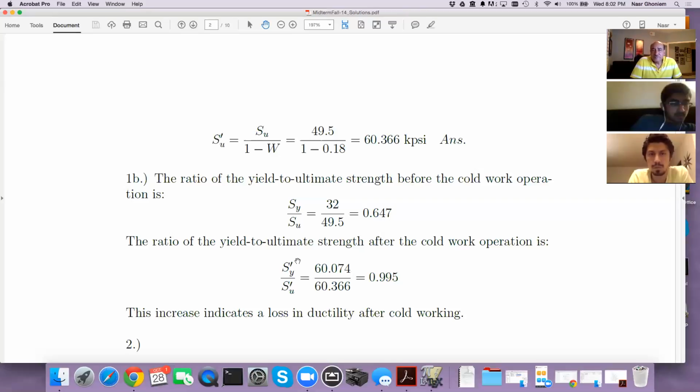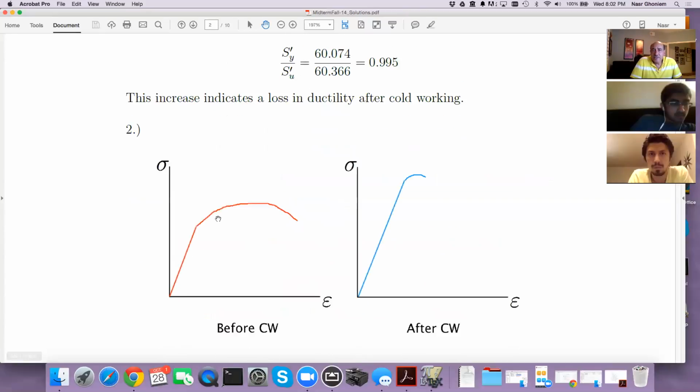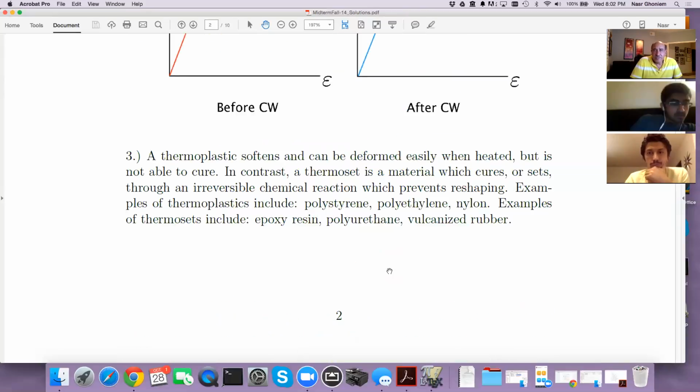When you plot the stress strain curve before, it should have plenty of ductility, but after, the yield increases, the ultimate increases a little bit, and therefore the ductility, which is the failure strain, is reduced. So that problem is from the first part of the course.